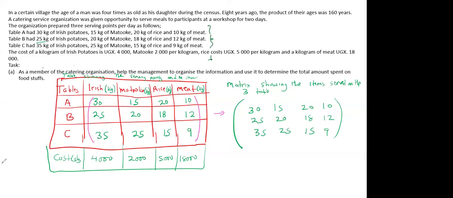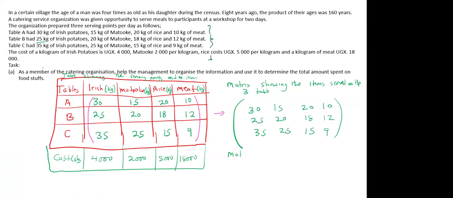Then after that, remember here, they have told us to first organize. Now the next thing I'm going to go on and organize the cost. Sorry, let me pick a pen.